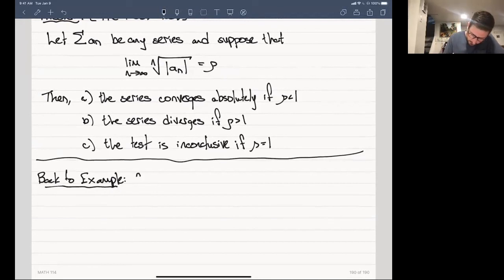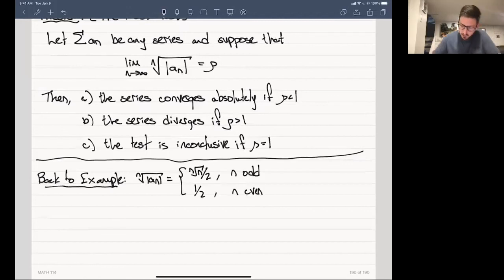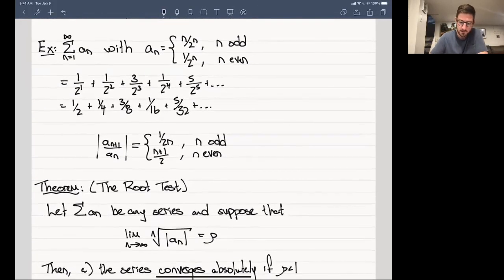So if we take the nth root of the absolute value of a_n, this is going to be the nth root of n over 2 if n is odd, and it's going to be 1/2 if n is even. So all I'm doing is I'm taking the nth root. So if we look back at what the definition was, the nth root of 2 to the n is just 2. And then in the case where n is odd, we have the nth root of n.